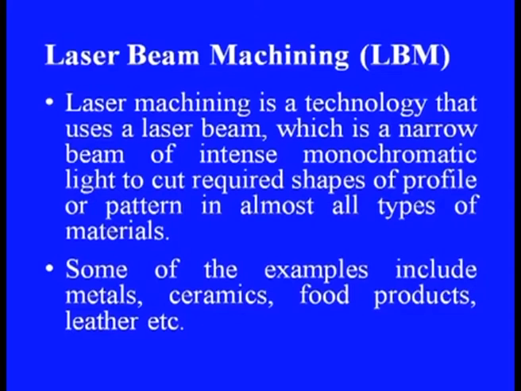That means, from foam to the hardest diamond can be cut using laser beam machining. Some of the examples of materials cut with this process include metals, ceramics, food products, leather, etc. In this process, the output of a high power laser beam is directed in a programmed manner towards the material required to be cut.